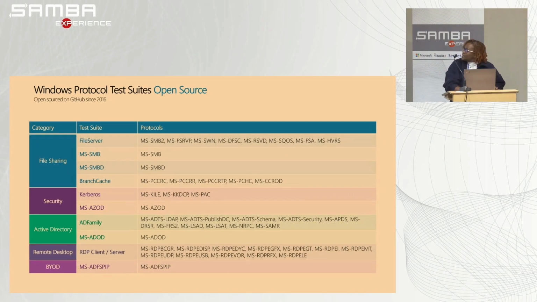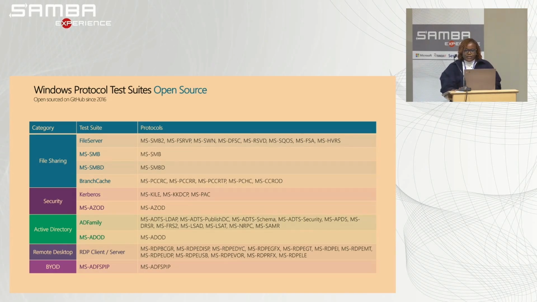This slide just shows the entire scope of what's available. We don't just provide test suites for the file server or file sharing scenario, but the entire Windows Protocol test suites portfolio. We've got file sharing with file server covering 8 protocols, plus separate suites for SMB1 and SMB Direct.